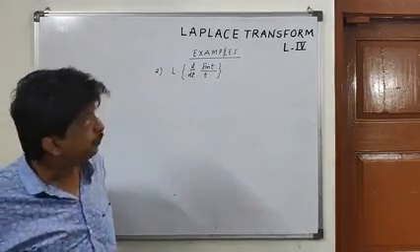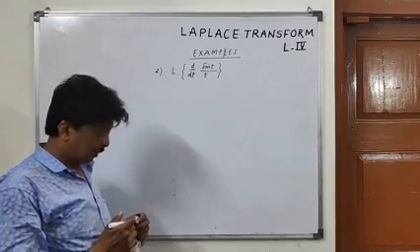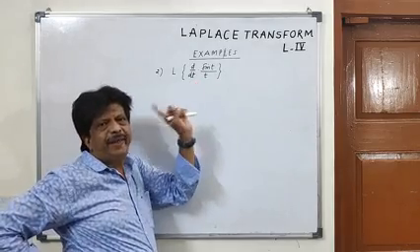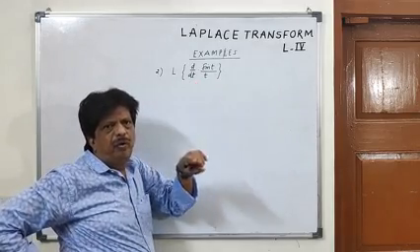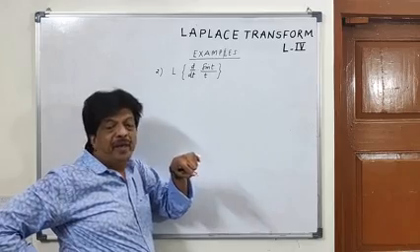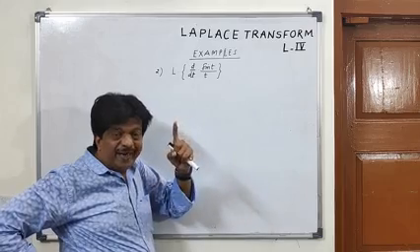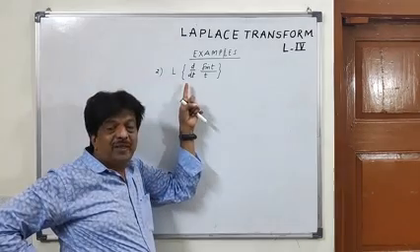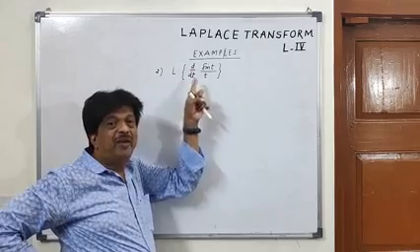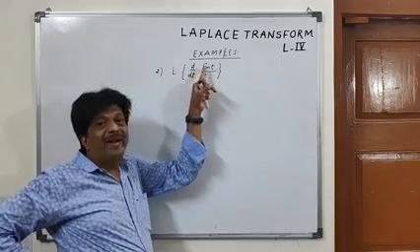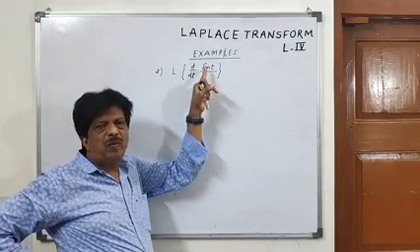Here, as sine of t is divided by t, we would be using the division by t property, and then the Laplace transform of the derivative of sine of t by t. So first and foremost, we would be finding the Laplace transform of sine t.